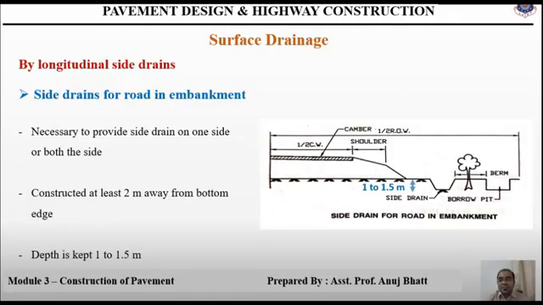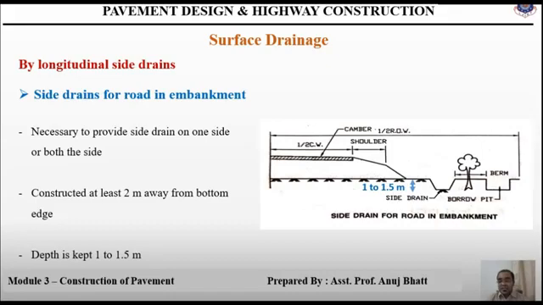Let's discuss the first, the method of surface drainage, and in that the first method is by longitudinal side drains. So by providing longitudinal side drains, we can provide side drains for a road in embankment.